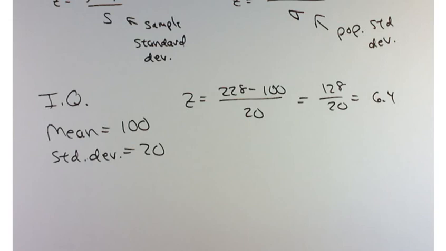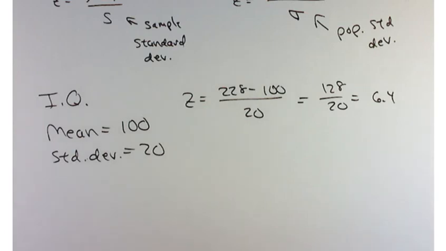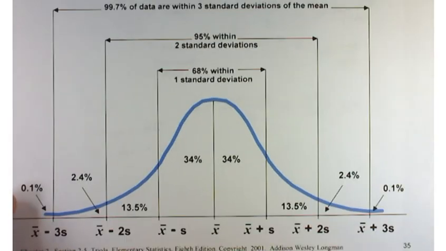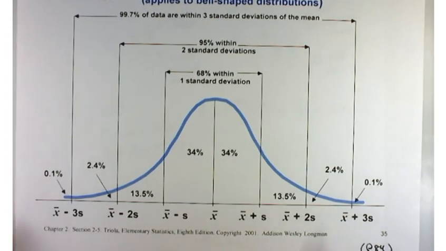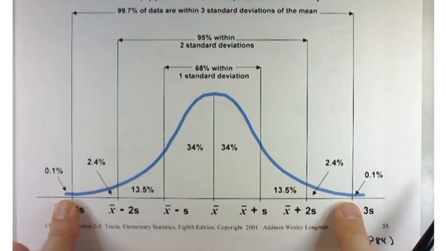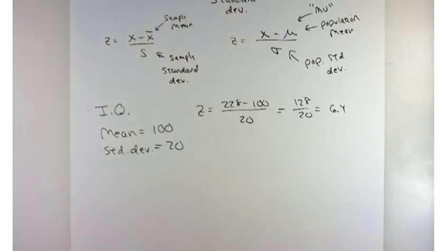It's way, way out there in terms of intelligence. So imagine if intelligence has that bell-shaped distribution, let's look back at our empirical rule. 99.7% of the data is within 3 standard deviations of the mean. Imagine how far out 6.4 standard deviations would put her. I mean, that's just really, really rare air up there.